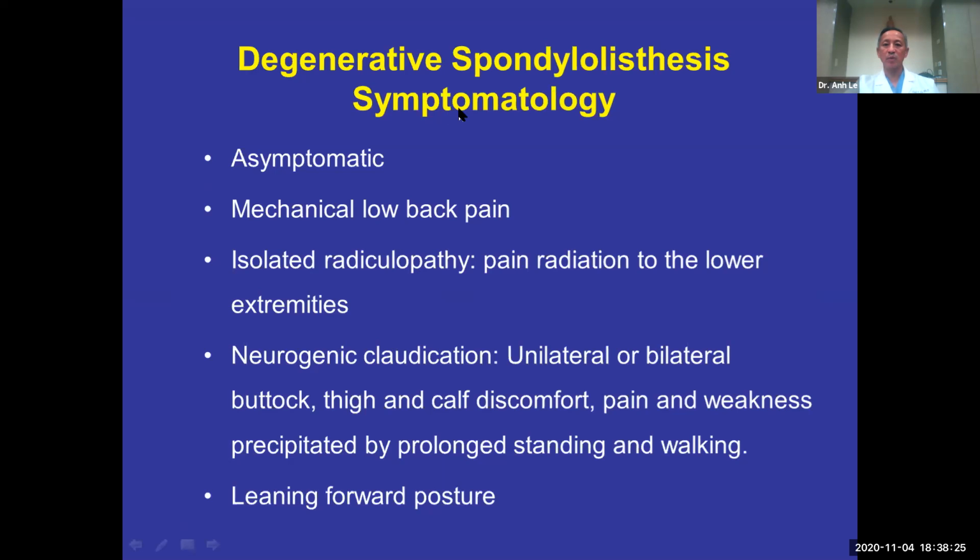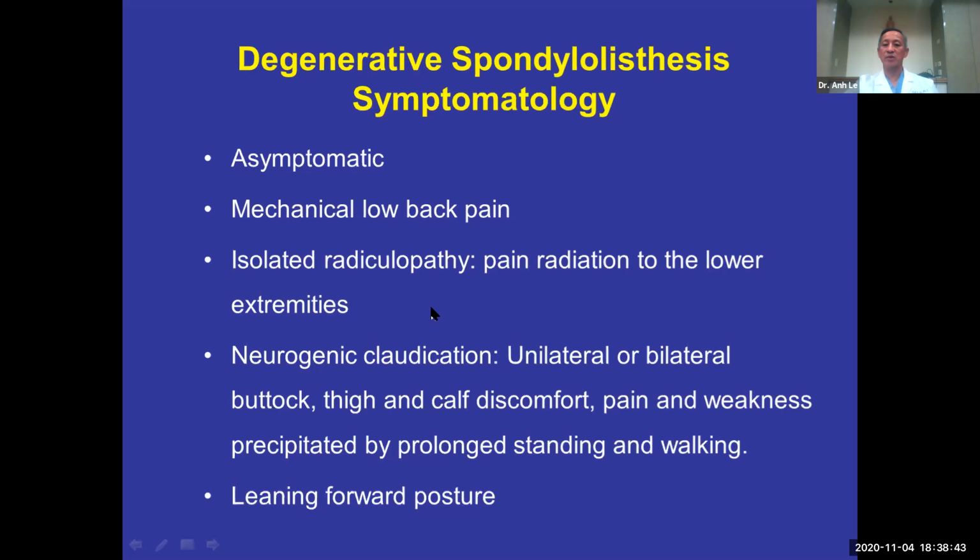A patient with spondylolisthesis typically presents in different ways; some are asymptomatic. Some of them have mechanical low back pain, but most of them would have mechanical low back pain and radicular symptoms, which is pain radiating to the lower extremities.